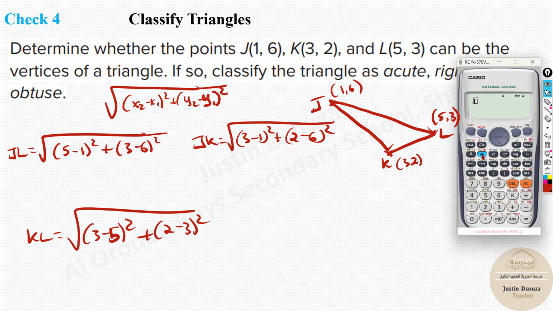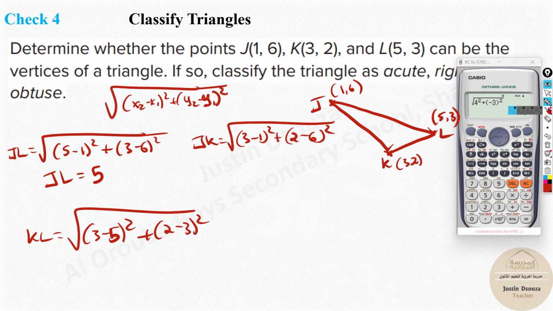Substitute all this. You can directly do it. 5 minus 1 is 4 squared plus 3 minus 3 is minus 3, but it doesn't make a difference squaring. It will be positive itself, okay? It's minus 3 the whole square. It's 5. Okay, first one is 5. Let me write it first. That is JL equals 5.